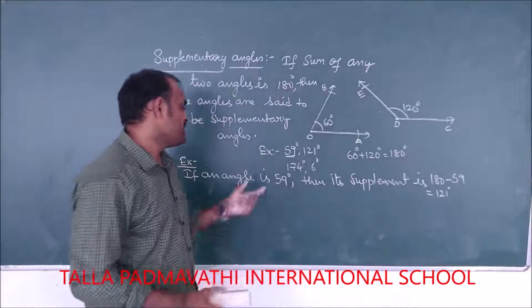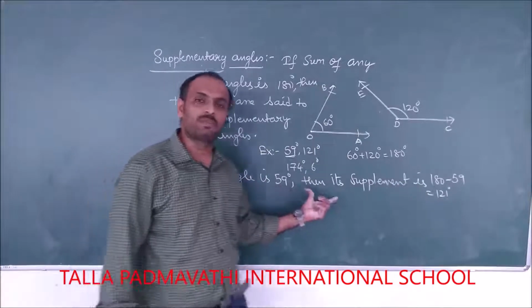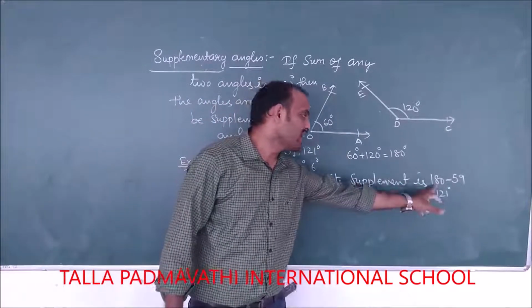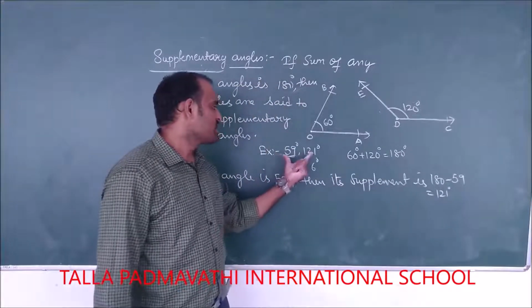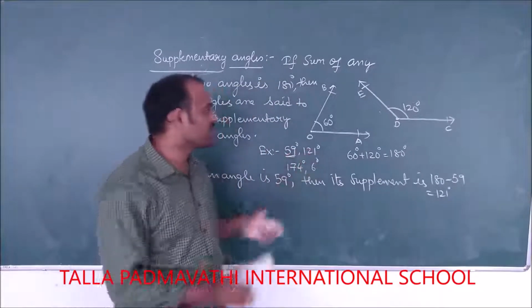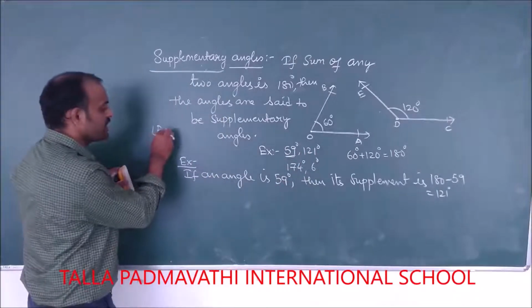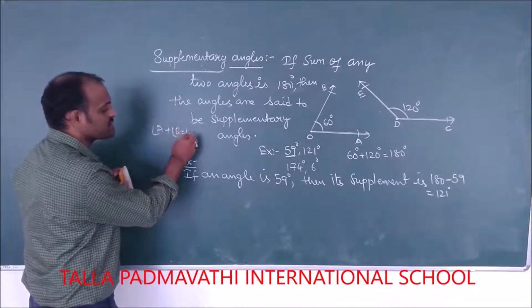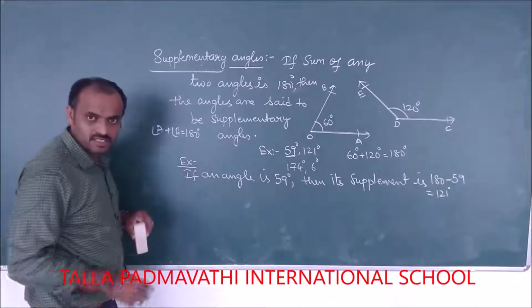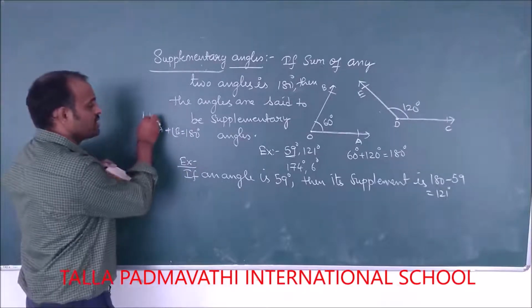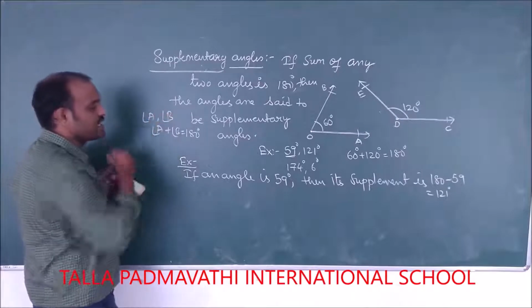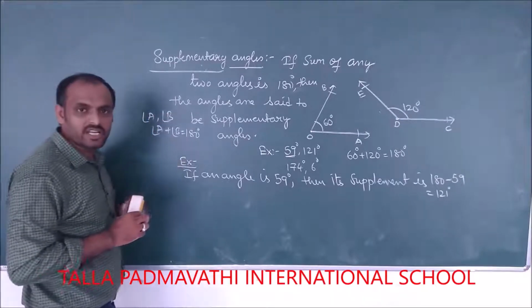That means if an angle is given, its supplementary angle will be 180 minus the given angle. Because if the sum of two angles is 180 degrees, see, I have angle A plus angle B is equal to 180 degrees. I have considered two angles, angle A and angle B. Their sum is 180 degrees.